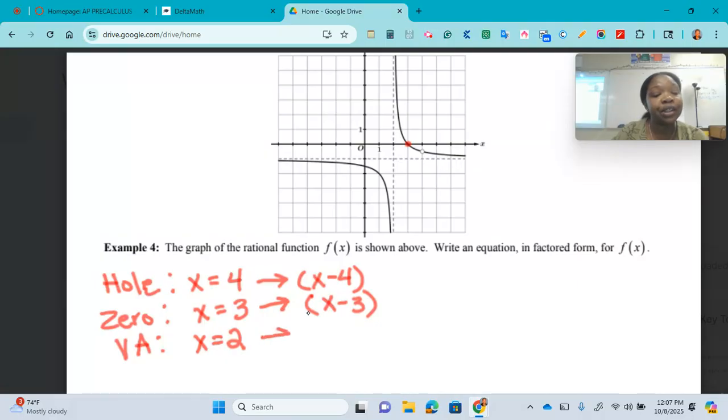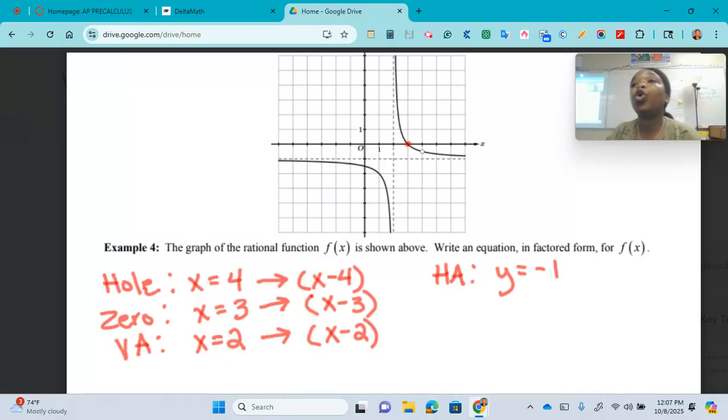So what was the factor in the denominator? x minus 2, because when we set it equal to 0, it gives us positive 2. Yes, ma'am. And we have a horizontal asymptote at y equals negative 1. Excellent.